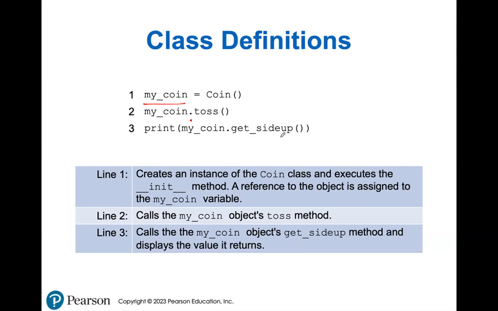So to get that value that we just got from this method, we will use myCoin.getSideUp, and we're going to print that. So whatever happened whenever we executed the toss method, our coin was assigned either heads or tails. And then after that, we're just retrieving that value and printing that value on our screen.